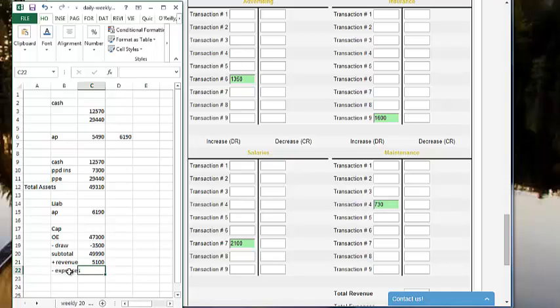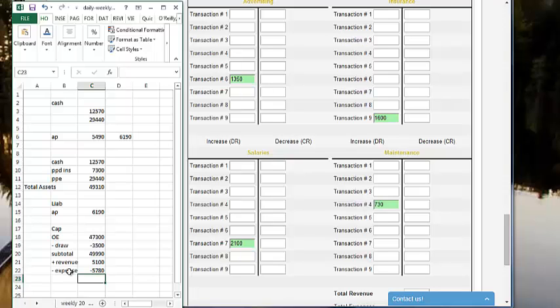And I have to subtract my expenses. So I'm going to minus 1,350, minus 1,600, minus 2,100, minus 730.